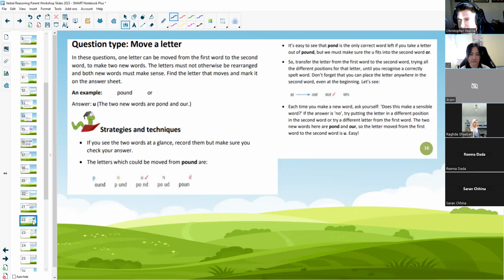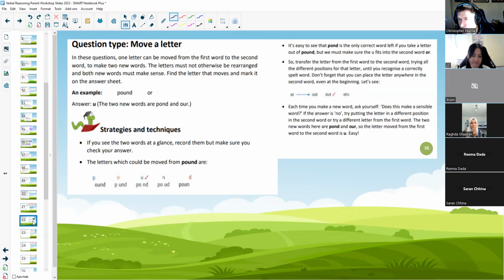So this is called move a letter, and it involves 2 words, and the children have to take 1 letter from one word and put it into another word, making 2 new words. It'll obviously only be 1 letter that's transferred across, and sometimes where children can find these questions quite difficult is it may make 1 word on one side, but it may not make a word on the other.